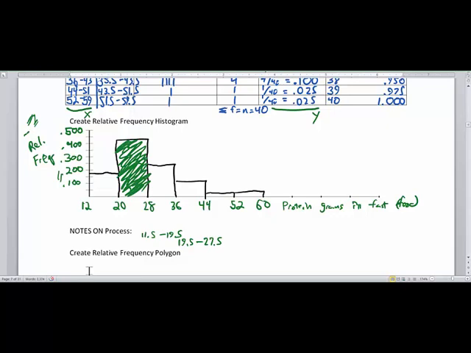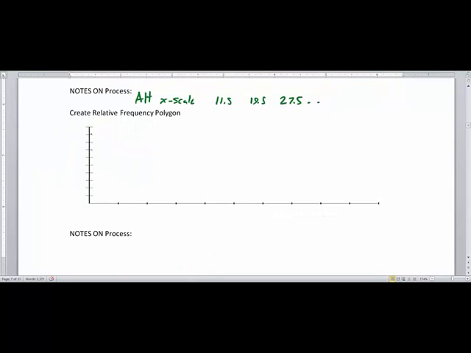And now we'll do the relative frequency polygon. So for this final example here, look at how we can do this relative frequency polygon, which the side here will be relative frequency.